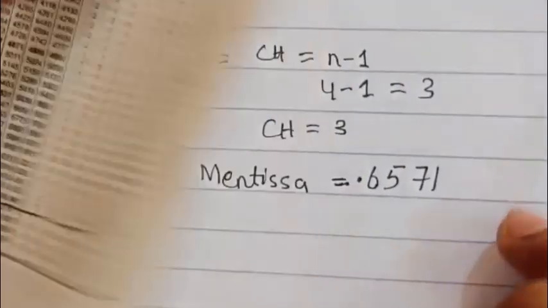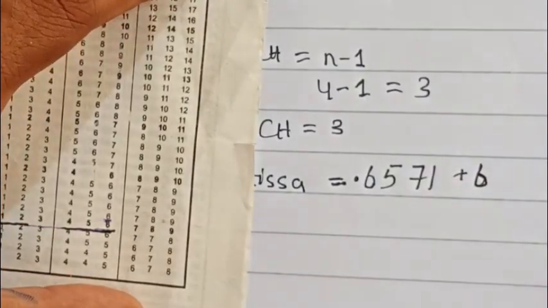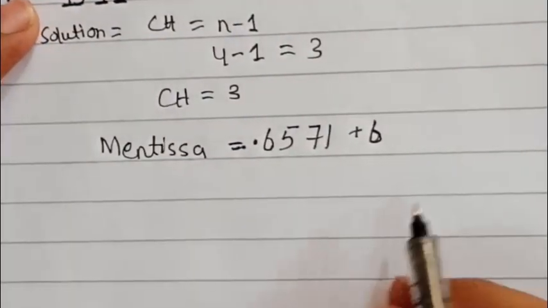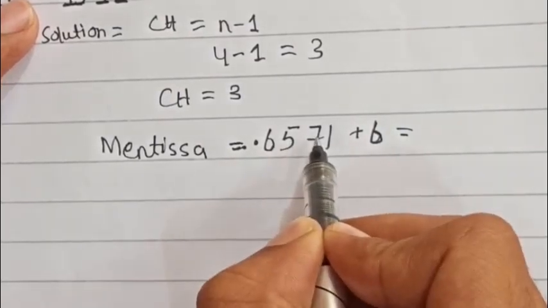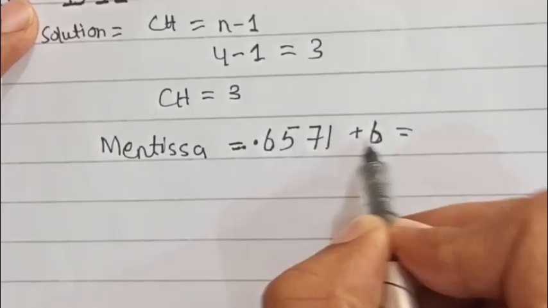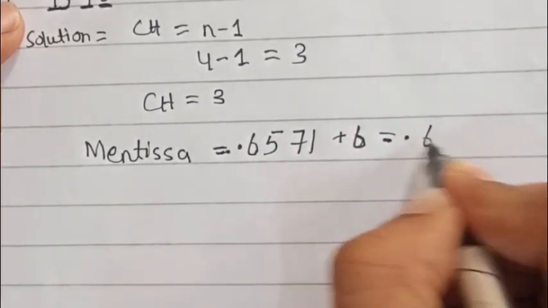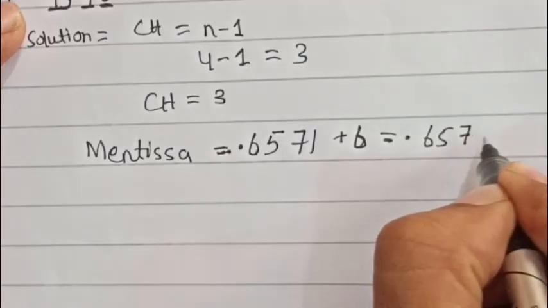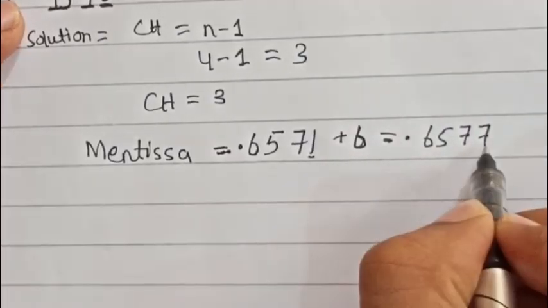Okay, 6 plus 6, it will be plus 6. So this 6 will be added. Okay, 0.6571 plus 6, it will be 7. So my mantissa is 0.6577 because I added 1 plus 6, that is 7.